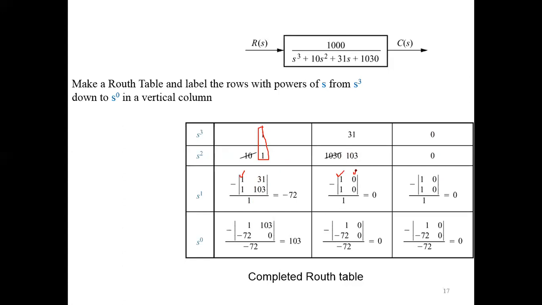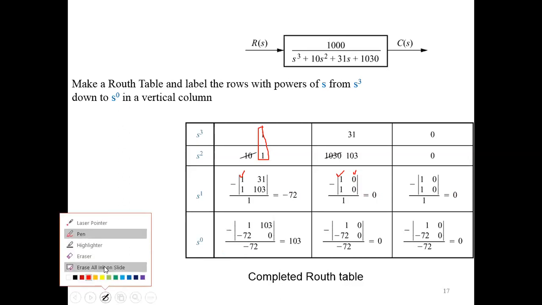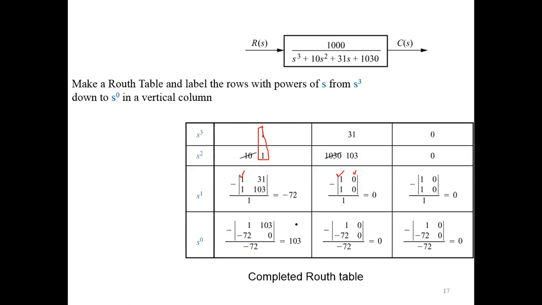If any column of the determinant is 0, we know that the answer will be equal to 0. So we will not solve this term. So next, minus 72 will be divided here, minus from the formula, and for this s raised to power 0, the first column of the determinant will be obtained from here, 1 and minus 72.